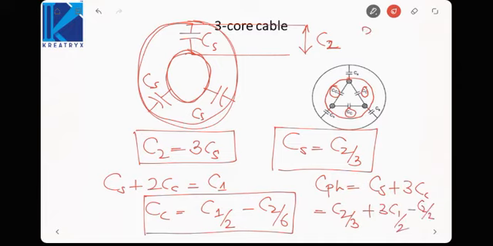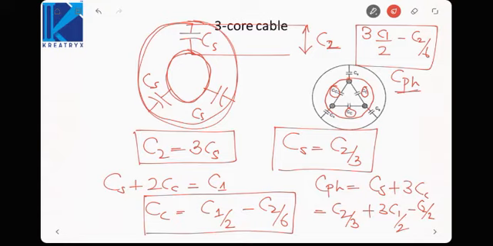So it will be 3C1 by 2 minus C2 by 6. That will be my C phase. So this way we can calculate phase capacitance. We can calculate the core to sheath capacitance as well as the intercore capacitance.